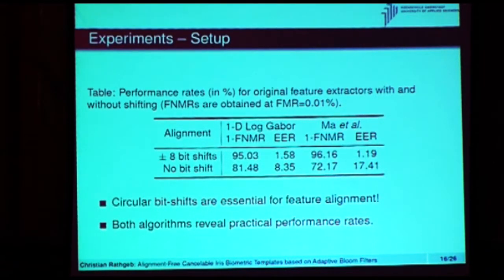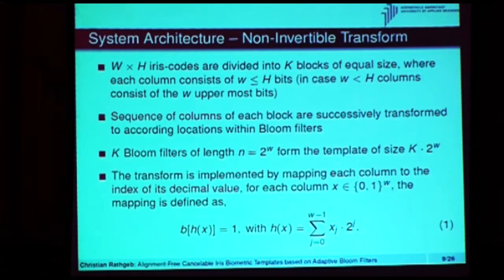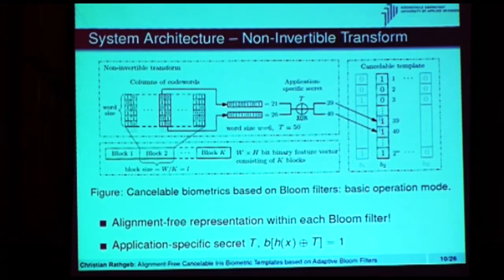We expected a performance decrease, but you have to keep in mind that when generating the Bloom filters, you map an entire column to the Bloom filter. So this would correspond to some sort of context-based matching, because the entire column has to fit. You're not comparing single bits here, but entire columns.